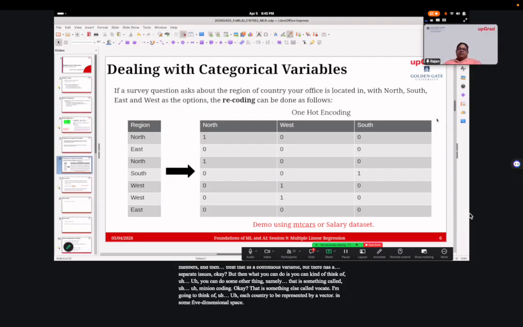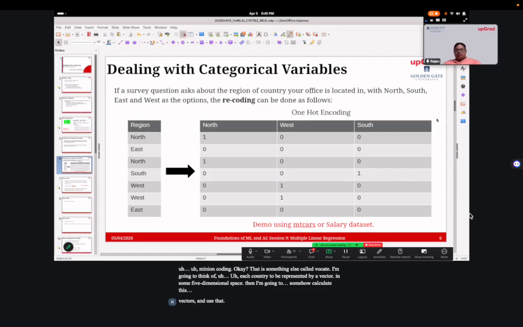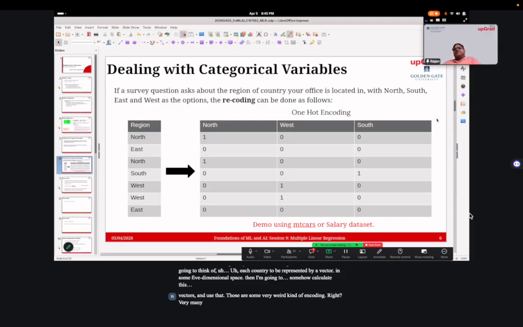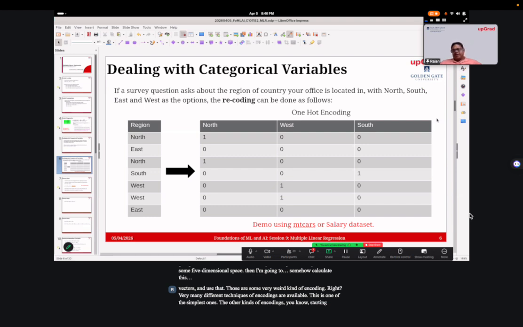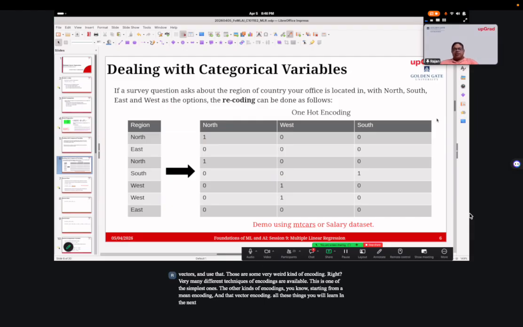Then I'm going to somehow calculate these vectors and use that. That's some very weird kind of encoding, right? Very many different techniques of encodings are available. This is one of the simplest ones. The other kinds of encodings, starting from mean encoding and vector encoding, all these things you will learn in the next course called deep learning. Okay? That's when you will use them.